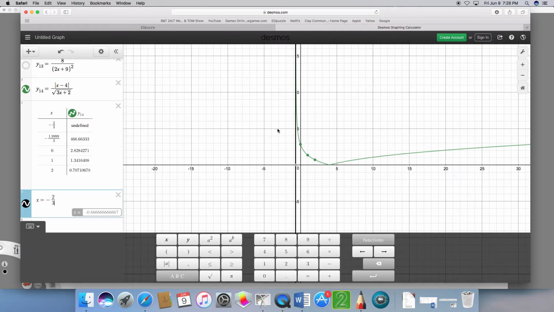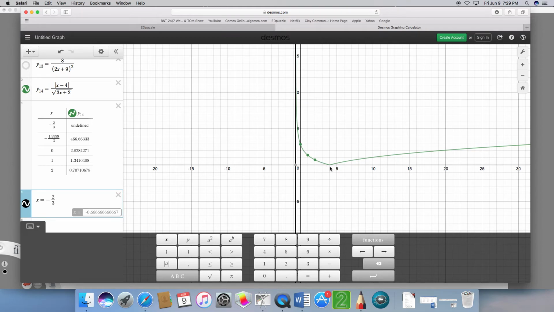And as we get closer to it, look, as I'm negative 1.99999 over 3, because that line is x equals negative 2/3. Look, I'm all the way up at 466. You know, it's getting extremely steep as you get closer and closer to that. So anyway, those values of y are going up to positive infinity.